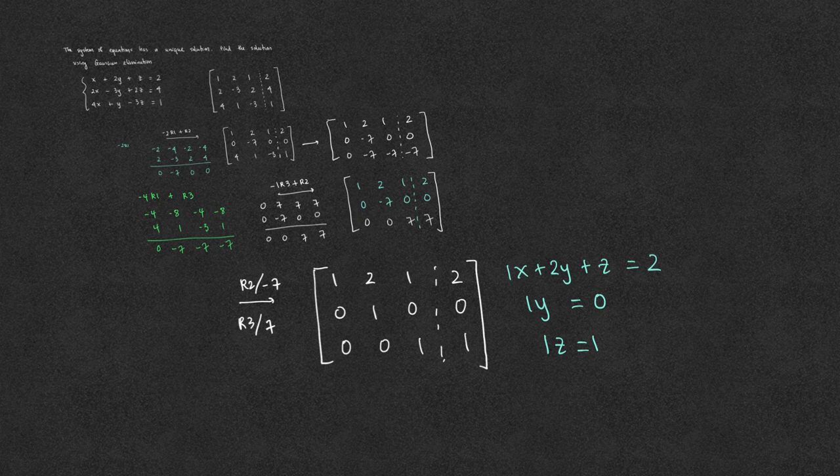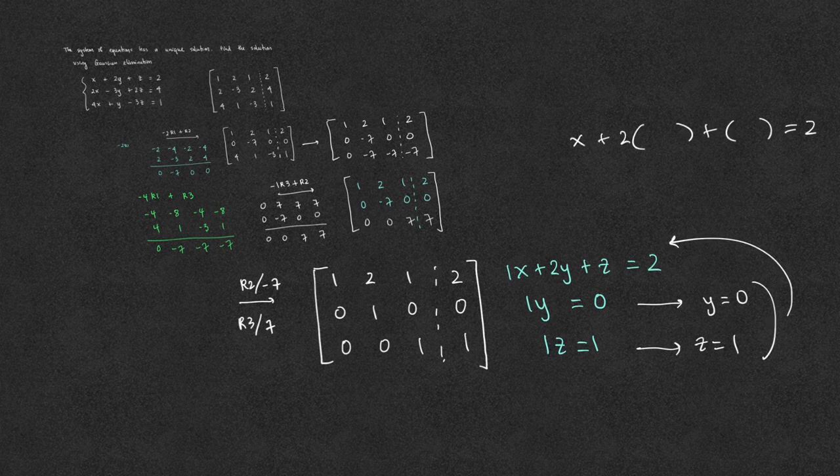Using back substitution with z equals 1 from the third equation or the third row, along with y equals 0, we plug these into the first equation where x plus 2y plus z equals 2.